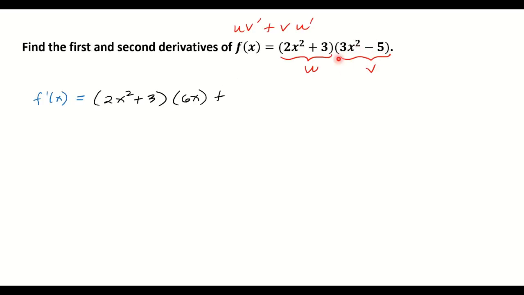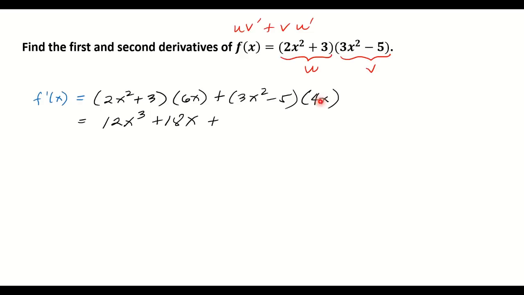Plus v, so we just need to copy this one. So we have 3x squared minus 5. And the derivative of u, we have 4x. Simplifying, we need to multiply 6x by 2x squared plus 3. So this would be 12x cubed plus 18x.